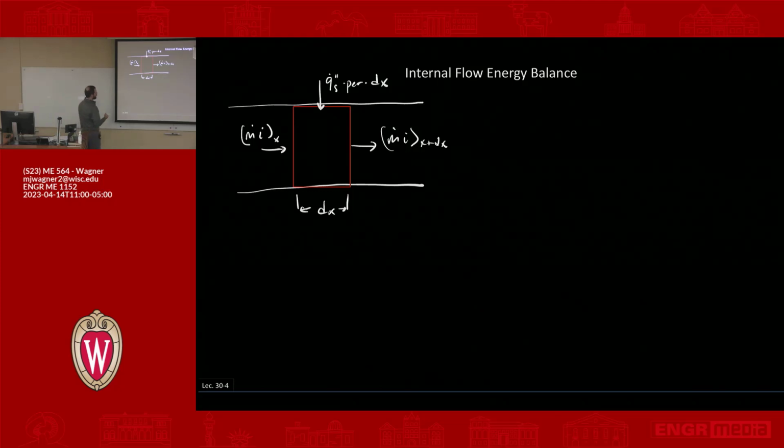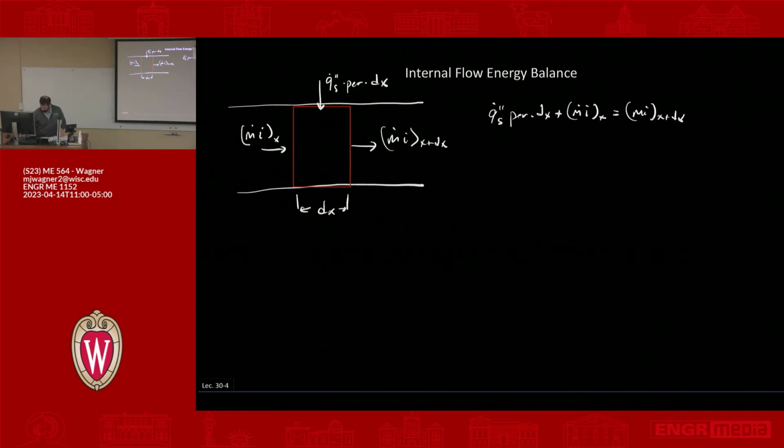Let's assume this is a steady state problem, so there's no du dt. Let's also assume there's no energy generation, just to keep it simple. Then we can develop the equations. So let's write this out. It is q dot double prime s times perimeter times dx plus m dot I at x is equal to m dot I at x plus dx.